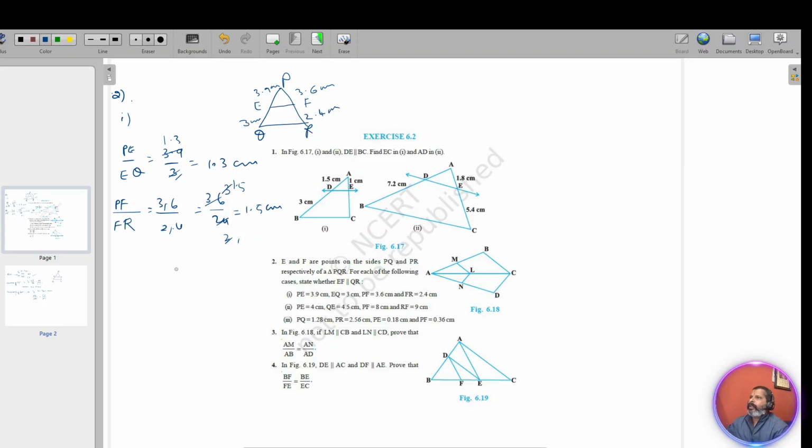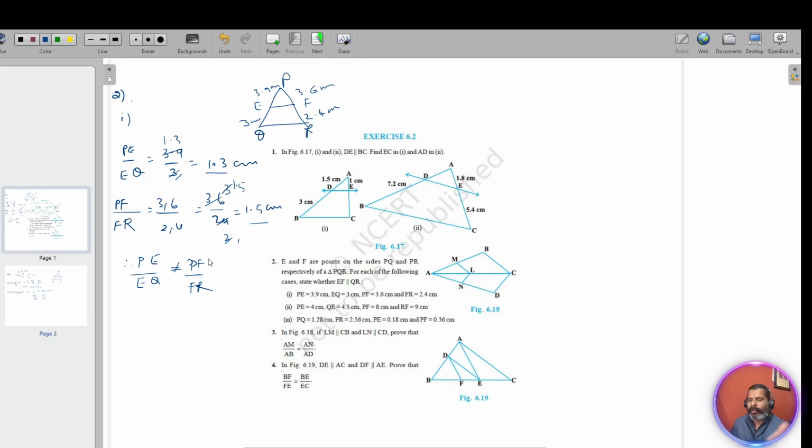So here, just check out the answers. Are the values the same here, 1.3 and 1.5? No, right? Therefore, you just conclude PE by EQ is not equal to PF by FR, and say the sides are not parallel. That's what they asked, right? Whether EF is parallel to QR or not.